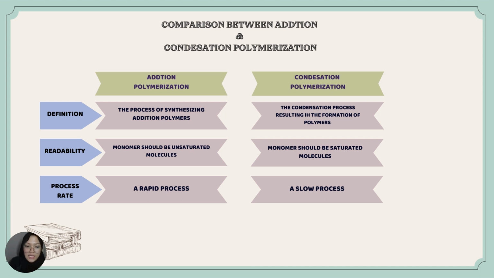For reactivity, monomers for addition polymerization should be unsaturated molecules, while for condensation polymerization, monomers should be saturated molecules. Process rate: addition is a rapid process. However, condensation polymerization is a slow process.